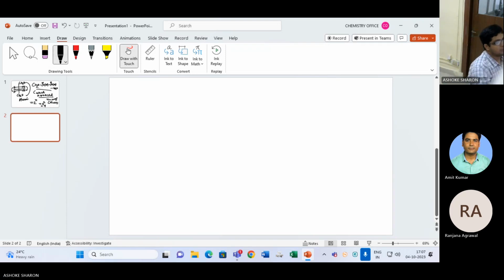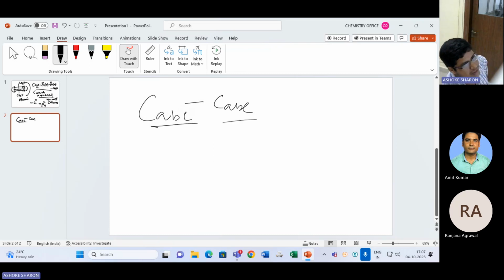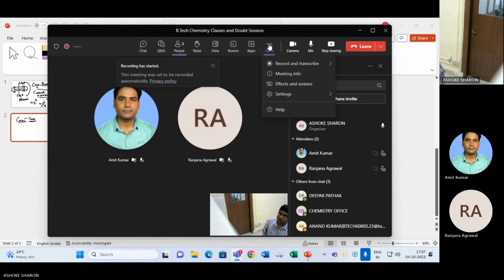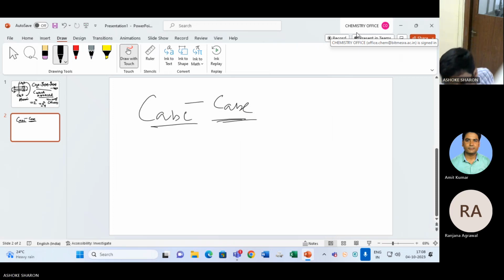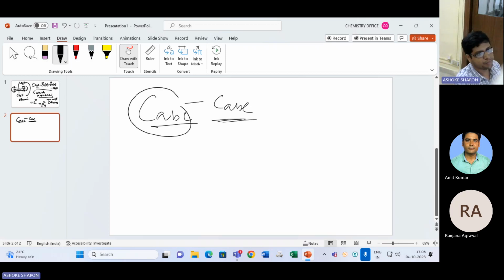Okay, if your connectivity is CABC and CABC. What is the meaning of CABC, CABC? That means your three substituents are the same, because this center has C, A, B, C, D. That means you are getting a very similar type of connectivity.